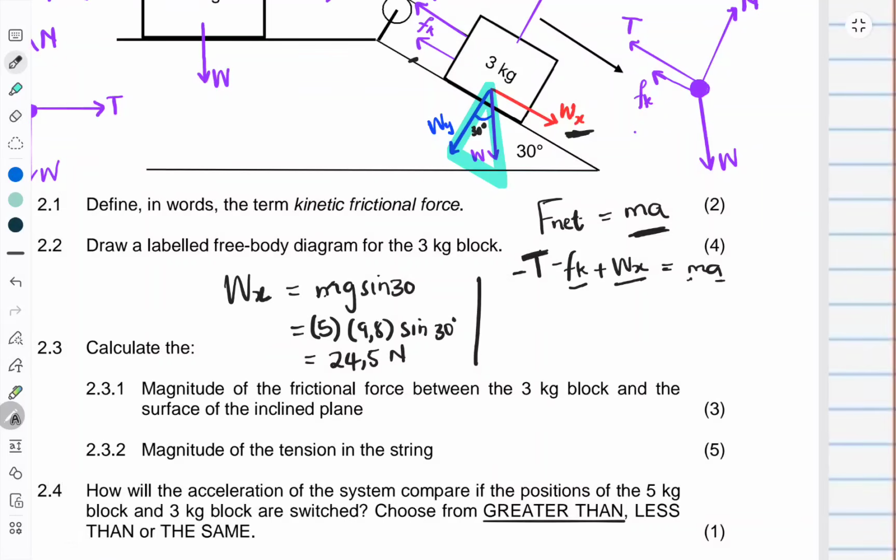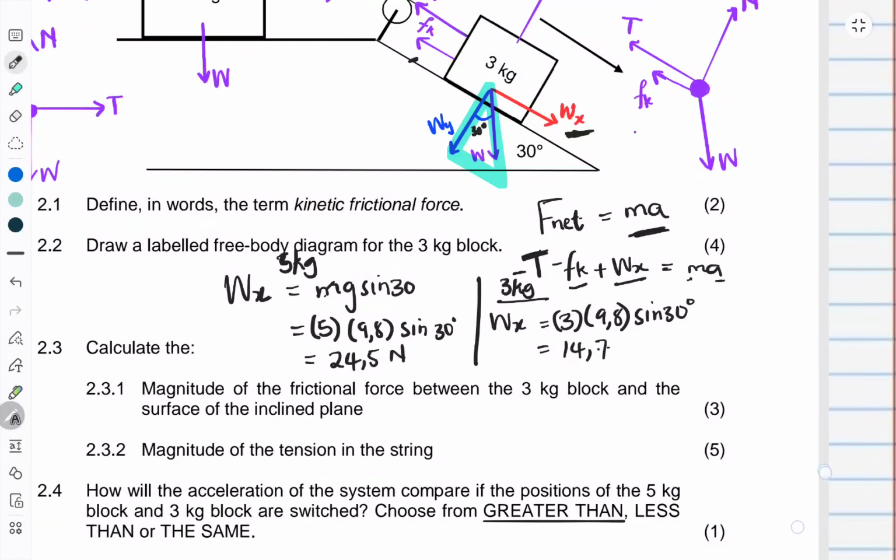Okay, now what's the driving force when we had the 3 kilogram block? So this is 5 kg, this is 3 kg. The Wx is, let's just substitute, 3 times 9.8 times sine 30, which is 3 times 9.8 times 0.5, that's 14.7.